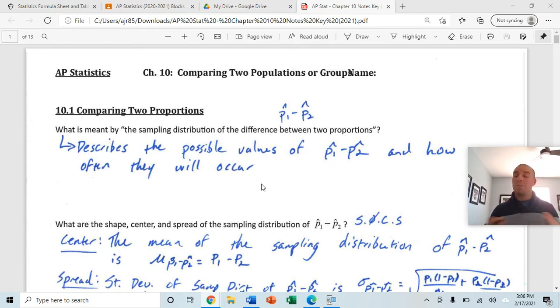So for example, if you think about going back to comparing the proportion of people in New Jersey who own a dog versus the proportion of people in New York, that sampling distribution, which is going to follow that normal curve as long as we meet those conditions, which we're just going to see, will display all of the different possible values of your proportion in New Jersey minus your proportion in New York and how often they occur.